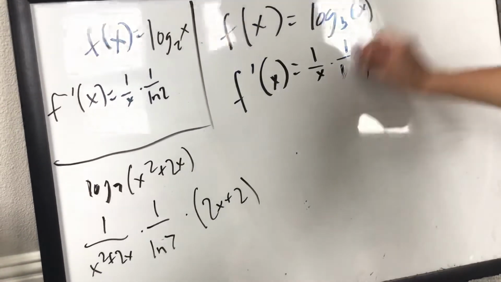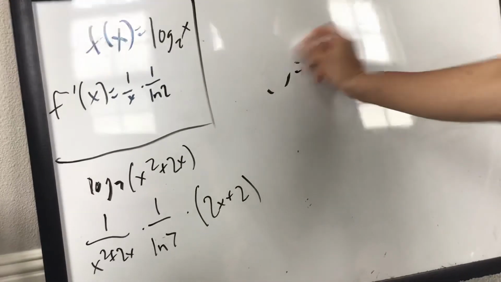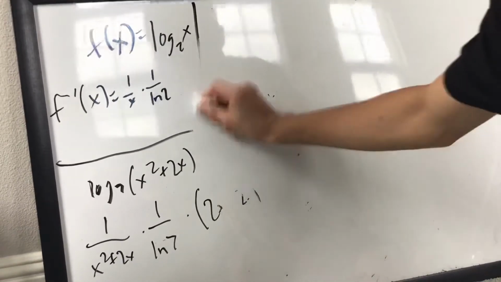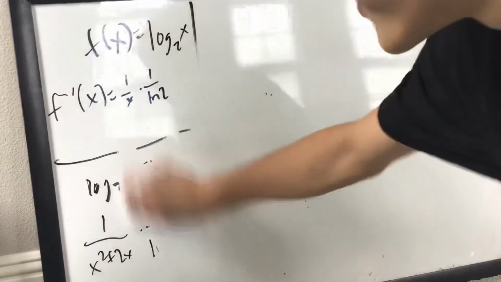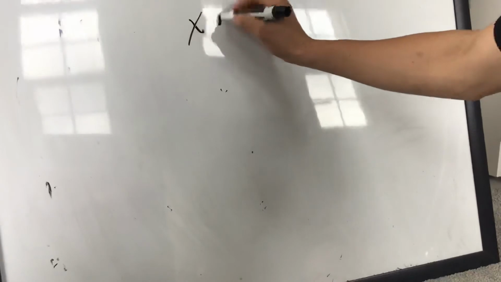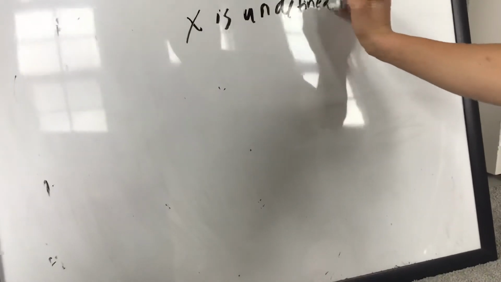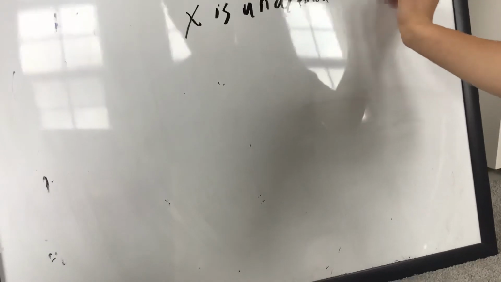So moving on to our next property, log b of x is undefined when x is less than or equal to 0.